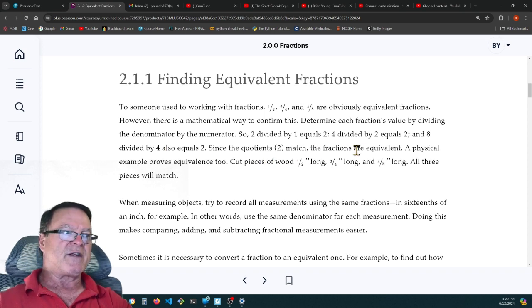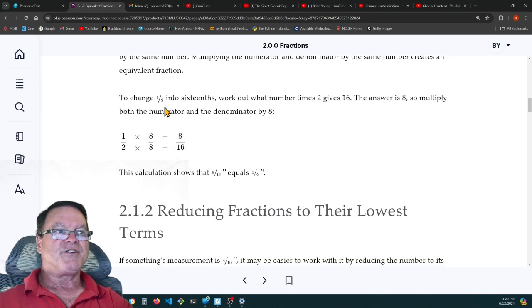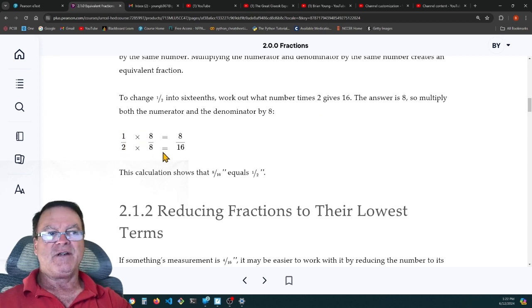Since the quotients match, the fractions are equivalent. To change 1/2 into 16ths, work out what number times 2 gives 16. The answer is 8. So multiply both the numerator and the denominator by 8. So 1/2 times 8/8 equals 8/16. That's an equivalent fraction to 1/2, but it's using 16 as the denominator.